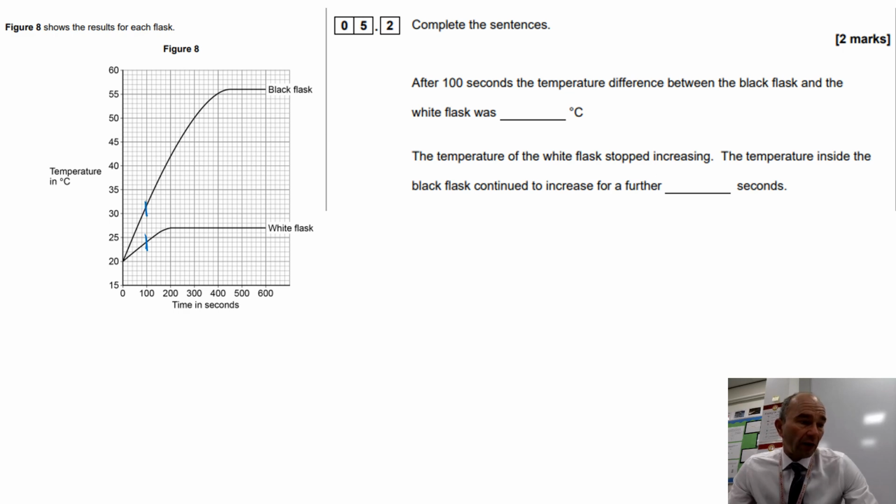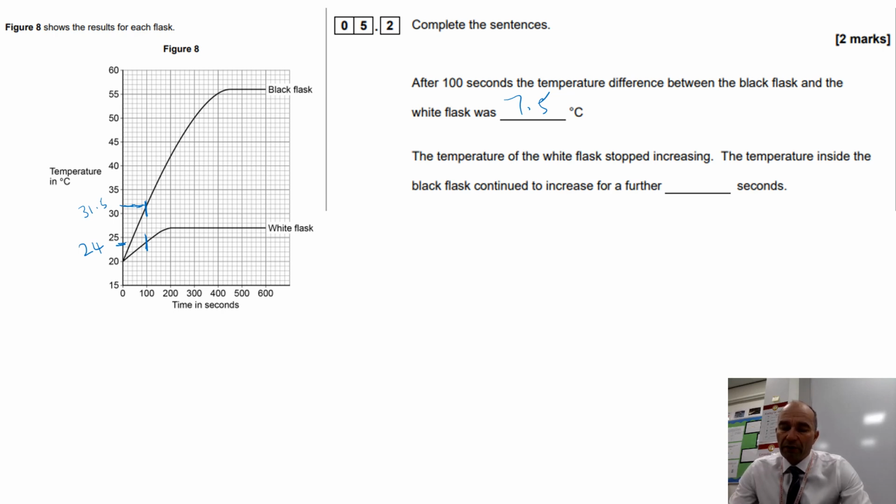If we look at the graph, the white flask is at 24. I would say the black is about 31.5. It's really a lot bigger on the printout of the graph that you've got. Then all you need to do is 31.5 minus 24. That will give you 7.5.